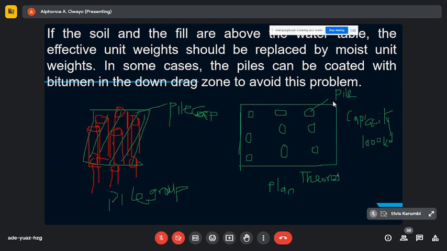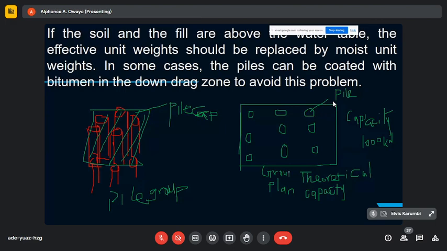is how much? The piles drawn there, how much is the capacity of the group? Class rep? 9 times 1000, which is how much? 9,000.